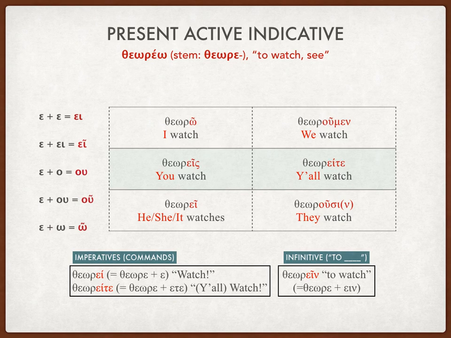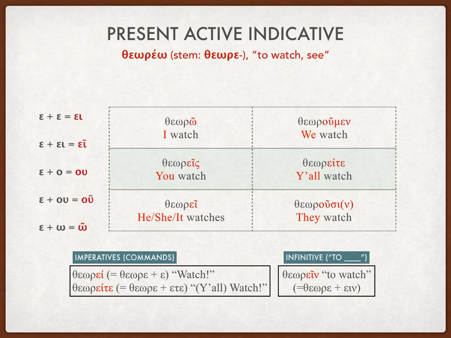The other thing we talked about in the last lecture that you will also need to be comfortable with at the end of chapter 3 are the epsilon contract verbs. There are some verbs that end not with a regular strong vowel like we saw with akuo, or with a consonant like lepo, which you get in this chapter, but end with weak vowels like epsilon or alpha or omicron.